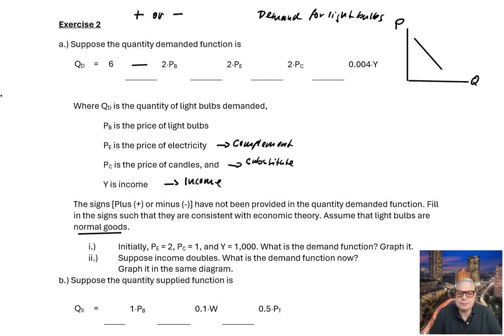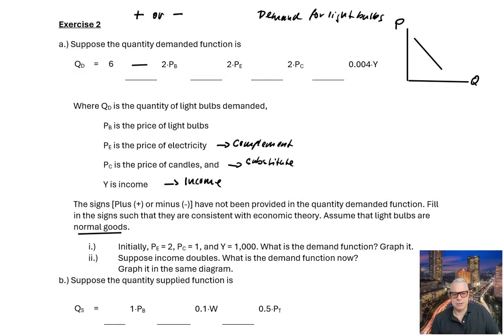Okay, but now what about electricity? Electricity is a complement. So how do you react when it comes to very, very high electricity prices? Assume electricity prices go up by a lot.